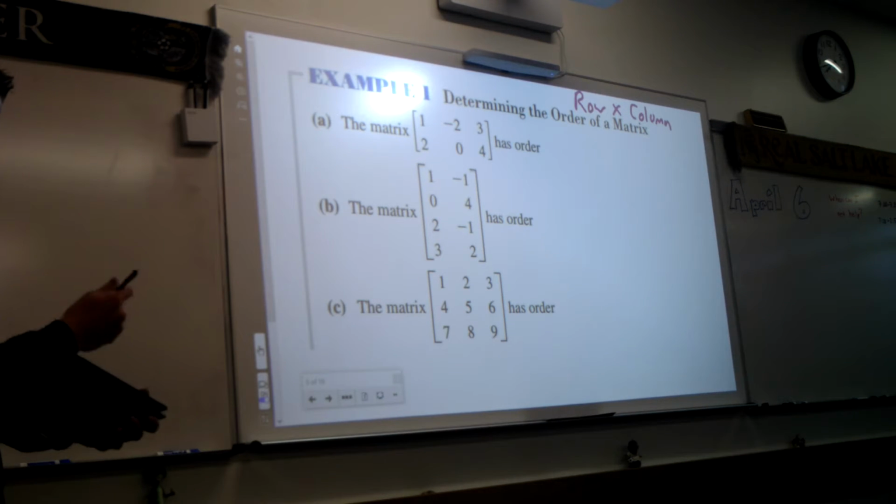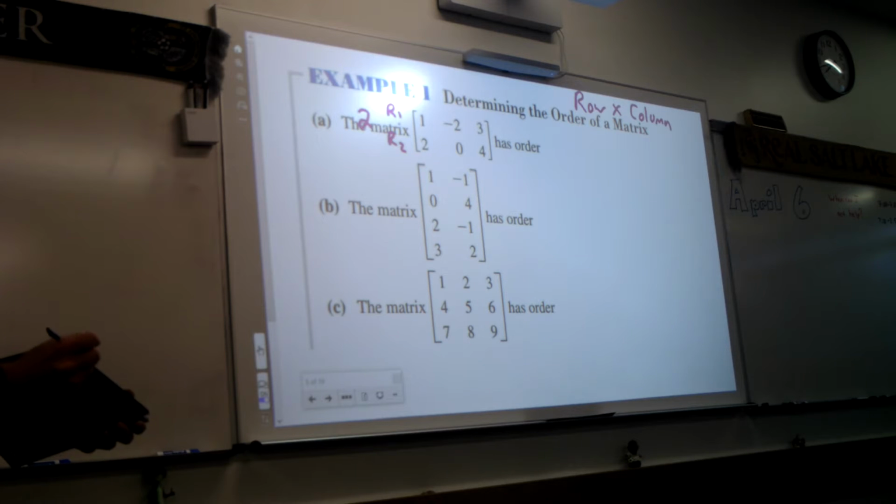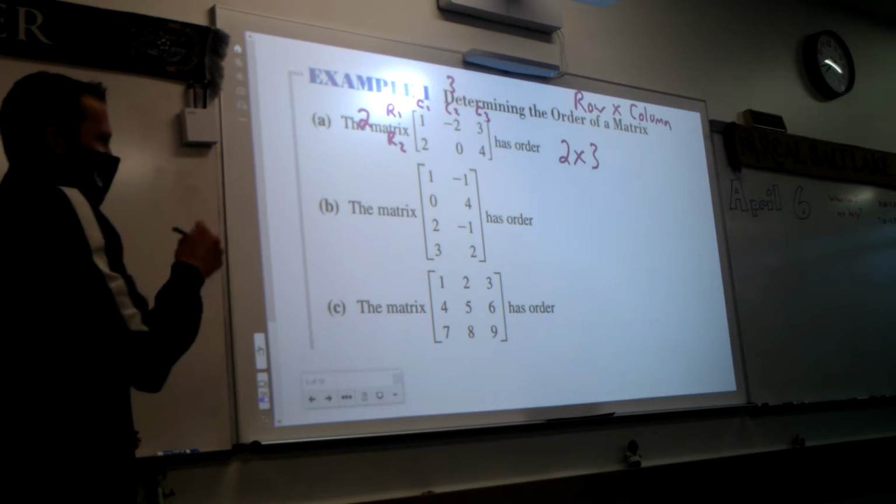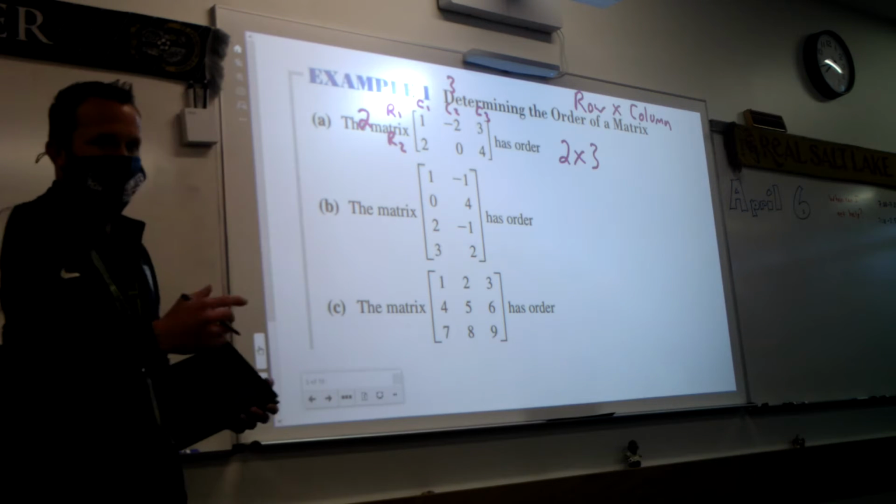So how many rows in A do we have here? There's row 1 and row 2. So there's a total of 2 rows, right? How many columns do we have? This is column 1, this is column 2, this is column 3. So we would call this a 2 by 3 matrix because it has 2 rows by 3 columns.